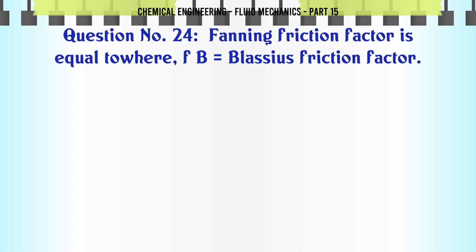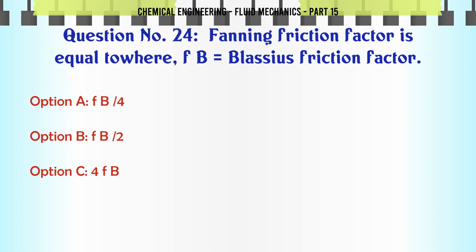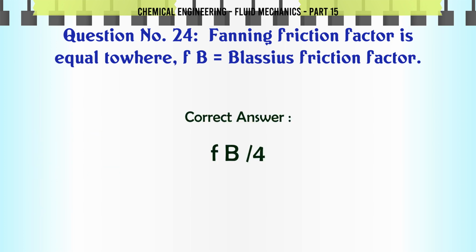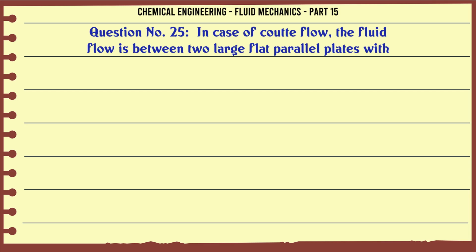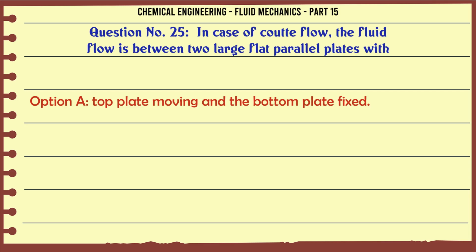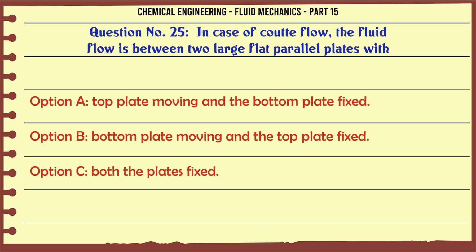Fanning friction factor is equal to ___, where fB is the Blasius friction factor. A, fB/4; B, fB/2; C, 4fB; D, 2fB. The correct answer is fB/4. In case of Couette flow, the fluid flow is between two large flat parallel plates with: A, top plate moving and the bottom plate fixed; B, bottom plate moving and the top plate fixed; C, both the plates fixed; D, both the plates moving.